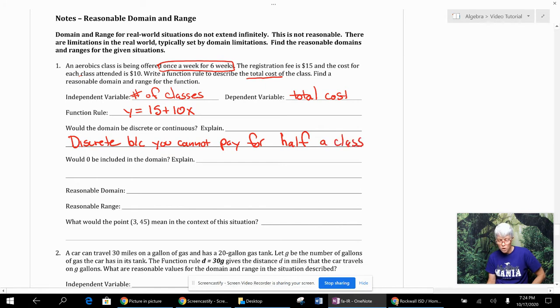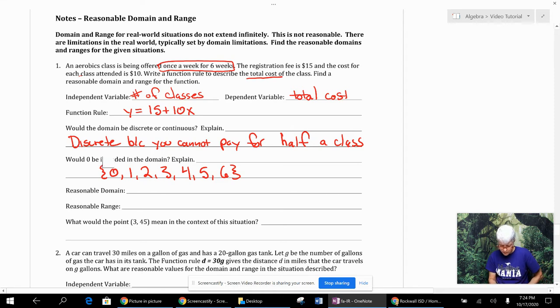All right, so could zero be included in your domain? Well, some people would probably argue that no, because you're going to go to one class. But I know too many people in my life experiences that sign up for a class and they never go. So you could actually register for these classes and never actually go. Oh, whoops. I just made a mistake.